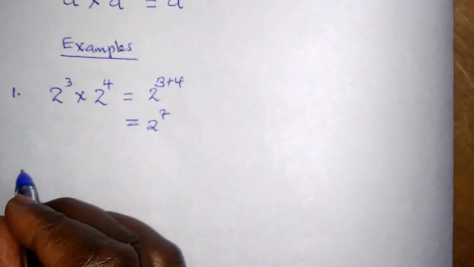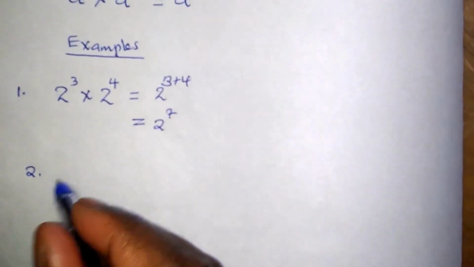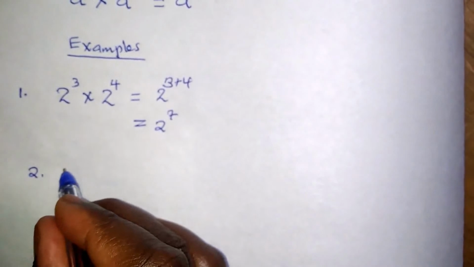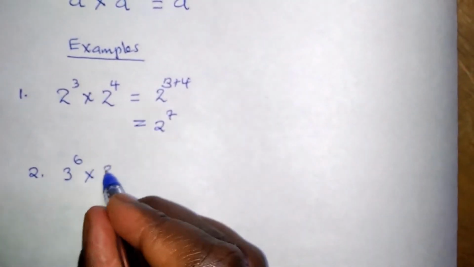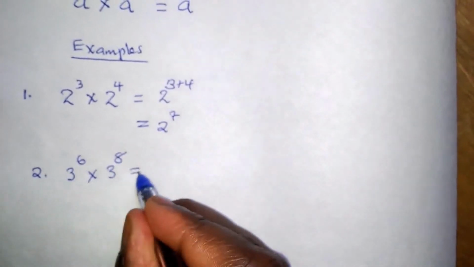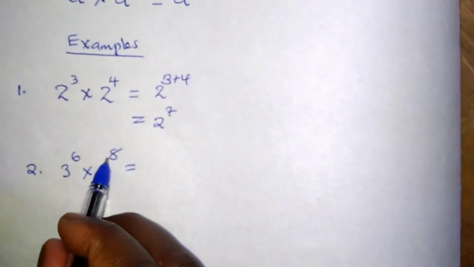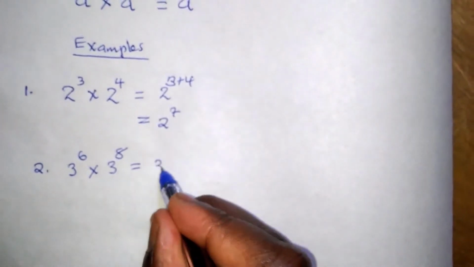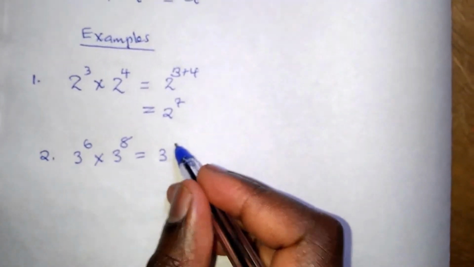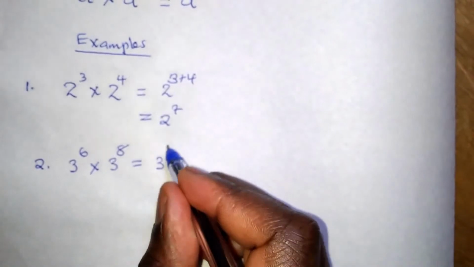If we do another example, we take 3 raised to 6 multiplied by 3 raised to 8, we add 8 and 6, we get 3 raised to 14.